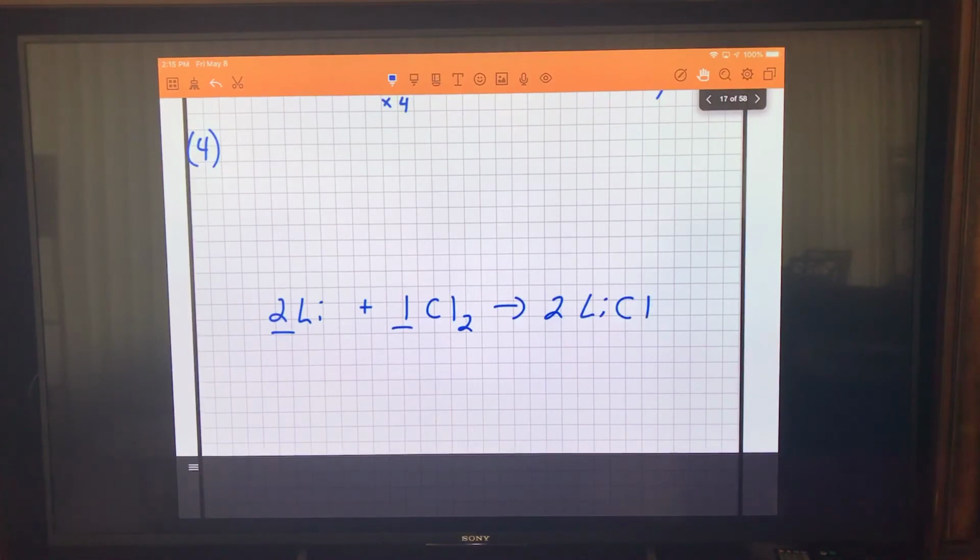The next step is to add some lines. Remember, 2 below, 1 above. And these are moles up here, and then grams.